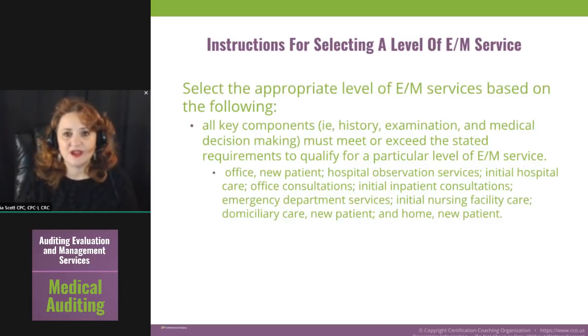Determining whether medical decision making is higher or lower is gray, but once you've determined that, it's either going to meet or exceed, and that is not difficult to determine. All of the following areas fall under the requirements needed for E&M to meet or exceed. And I'm not going to read those because they're listed for you.